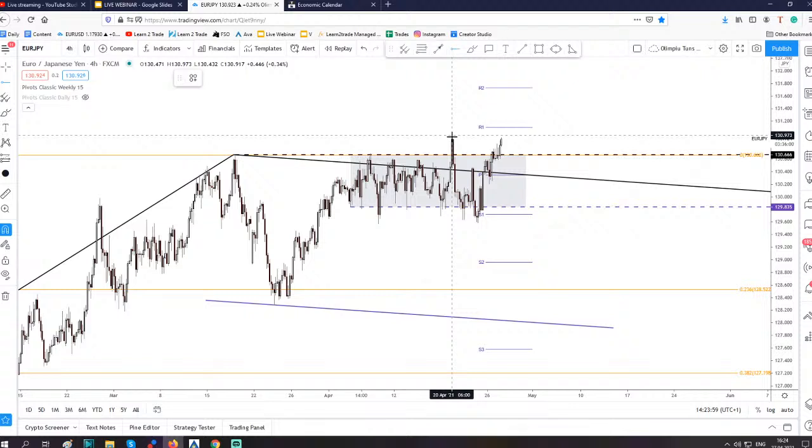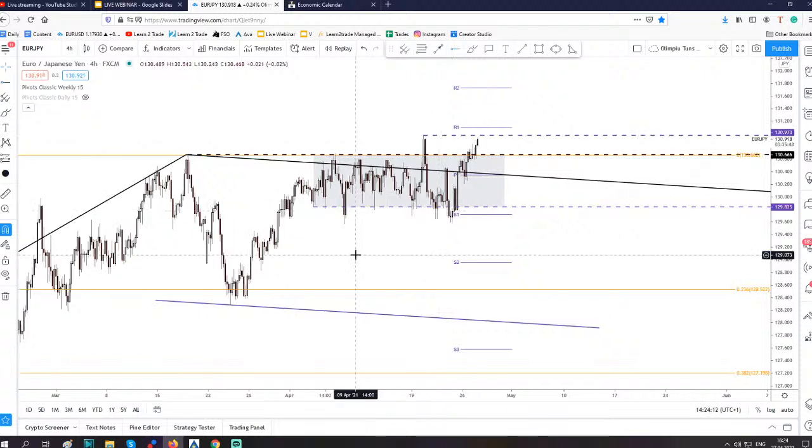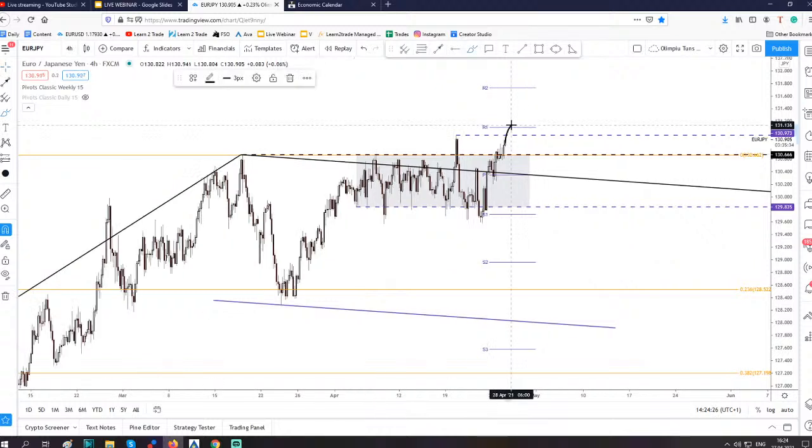The price has registered only false breakdowns here below 129.83, below the weekly support, and now it has escaped from this extended range, so the bias remains bullish, and a potential valid breakout here above the R1, above the weekly resistance, above 130.97, could signal a potential further growth.